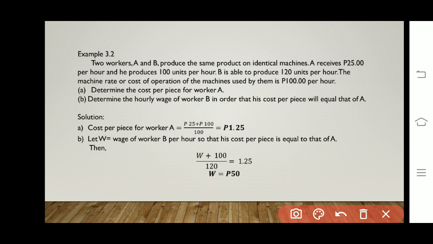Para maging same yung cost per unit, i-equate lang natin kay 1.25. Therefore, ang sahod ni worker B is 50 pesos.